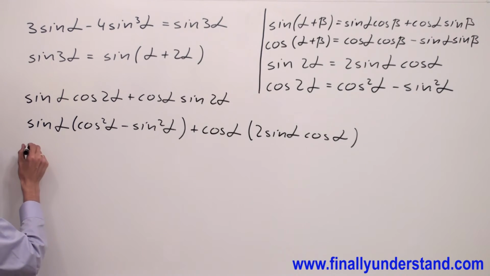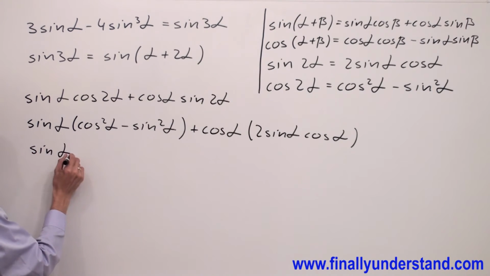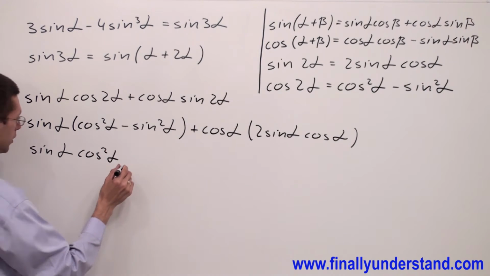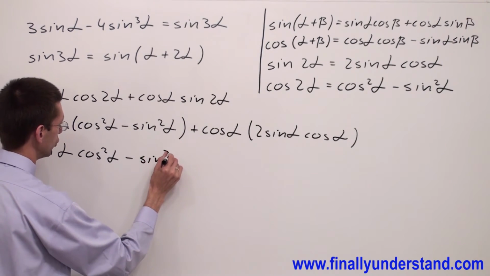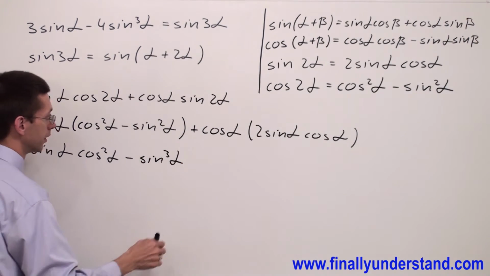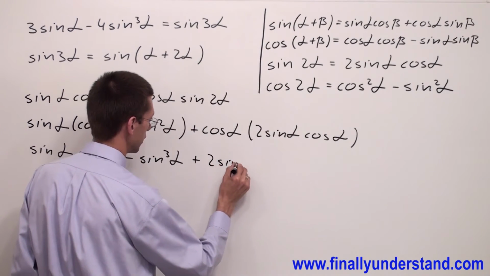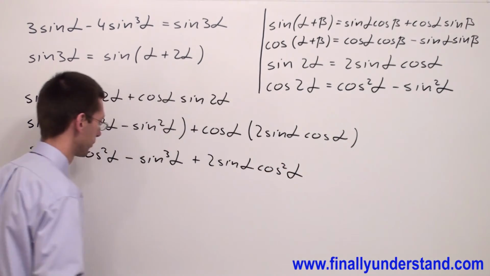So I'm going to have sine alpha times cosine square alpha minus sine cube alpha plus 2 sine alpha cosine square alpha.